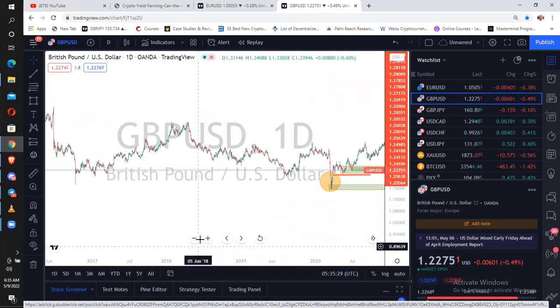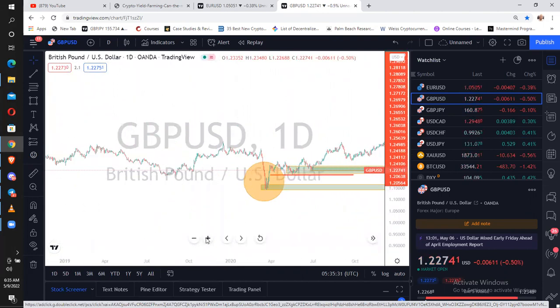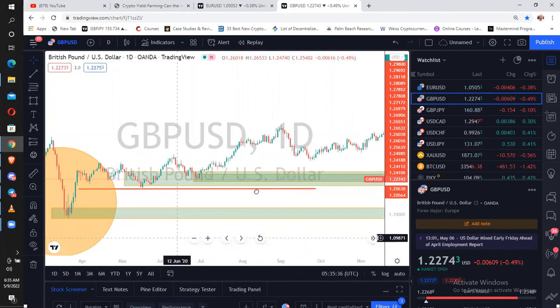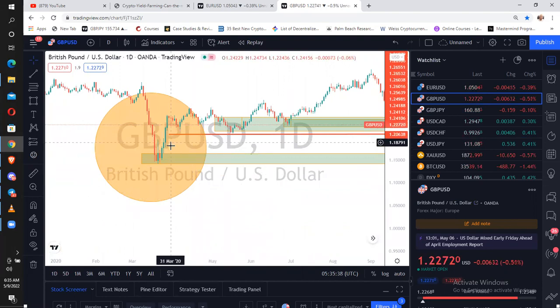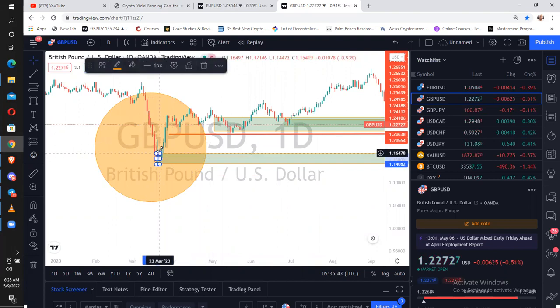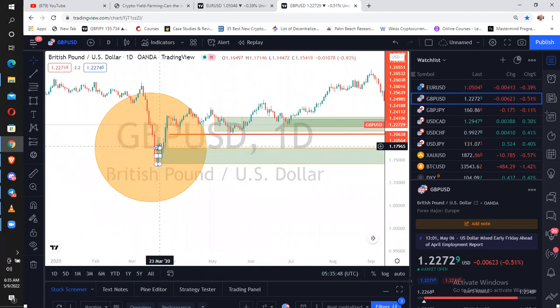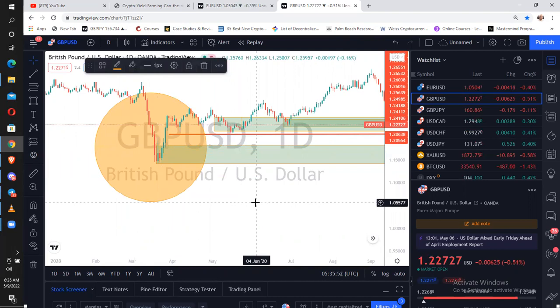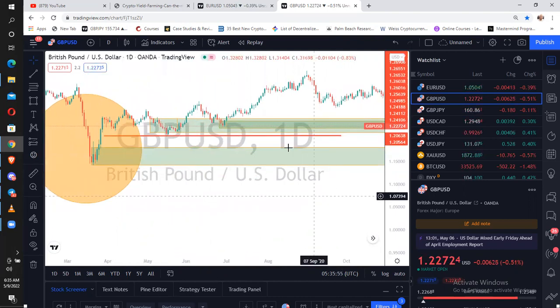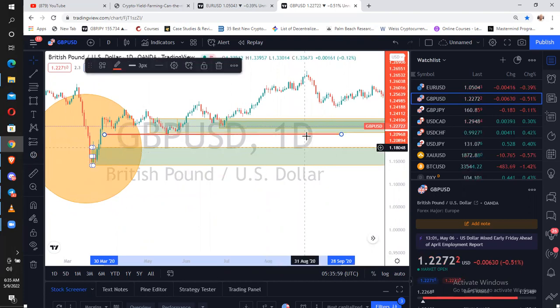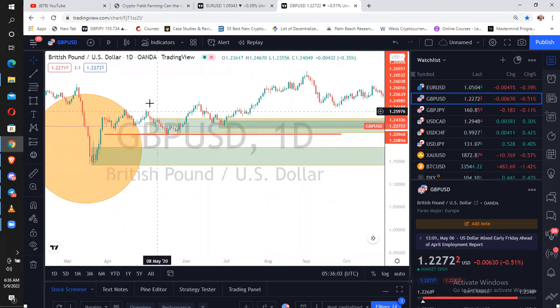So let's zoom in. I told you guys I'm seeing that side as a liquidity zone, and price is close to that particular spot.